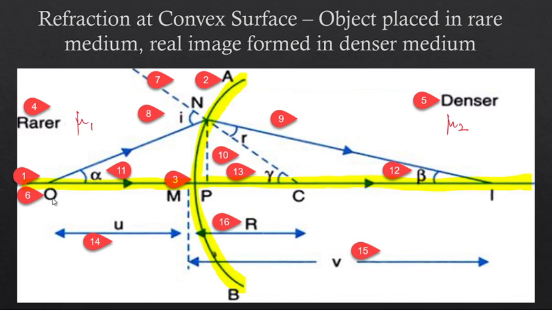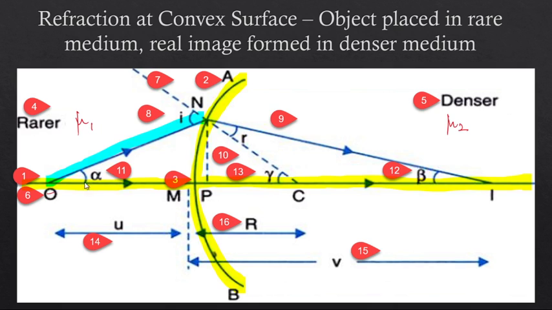Let us proceed with the 7th one. From the object you have to draw an incident light. It goes like this. This is the incident ray.